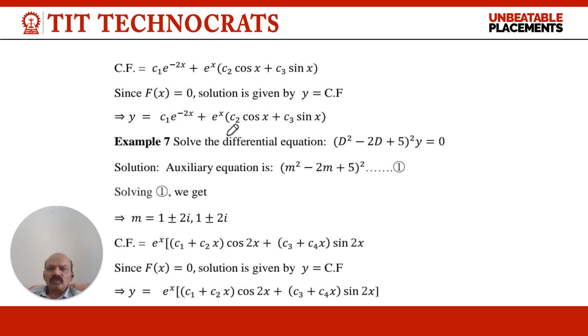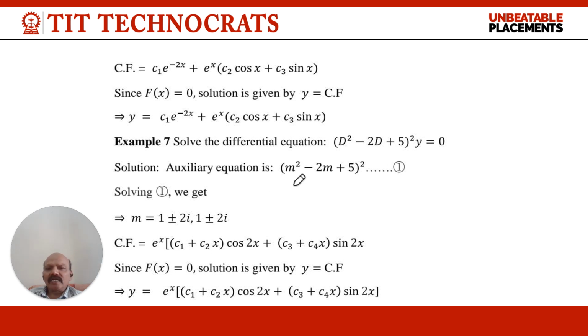I will show you with another example, example number 7. This question is (D square minus 2D plus 5) whole square operated upon y equal to 0. Already in the equation we have the right hand side equal to 0, so the total solution will be the CF.